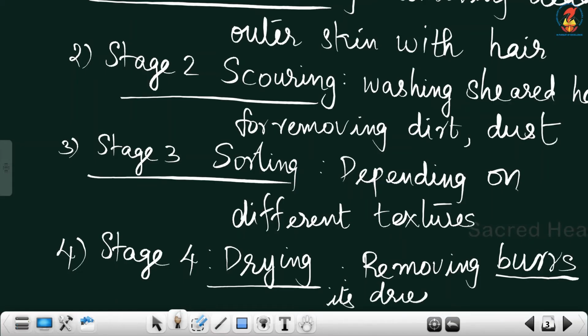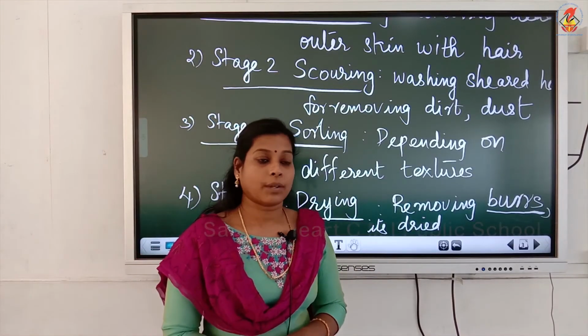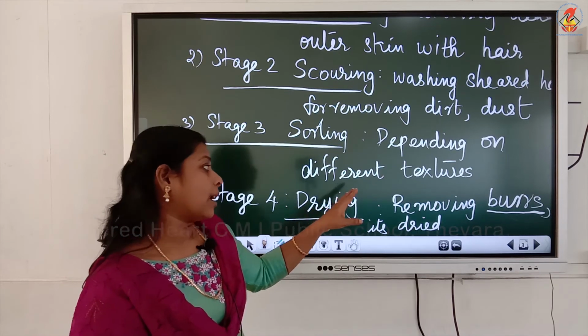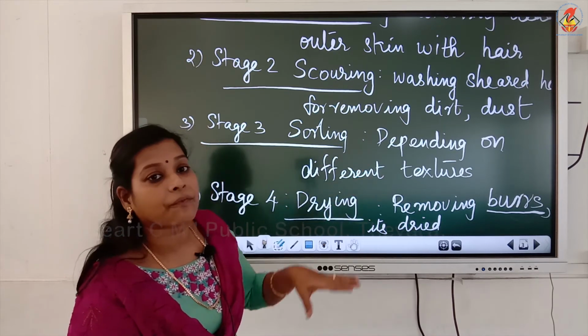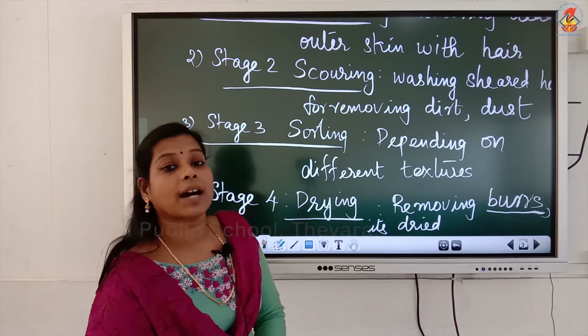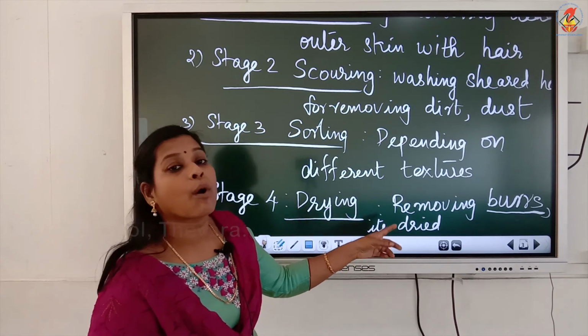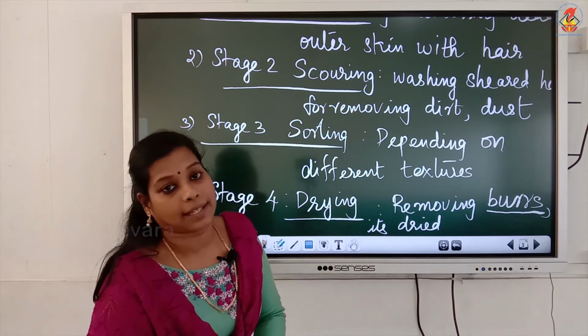Washed again and dried. Okay. So, this is the fourth stage where from the sorted fibers we are removing the burrs, and after removing the burrs we are washing again and drying it.